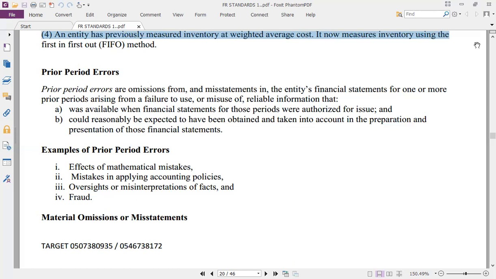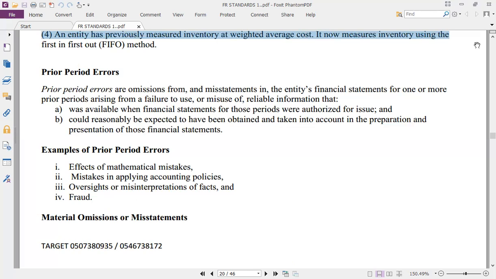That is what an error is. So prior to the financial statement, sometimes the error occurred last year will probably be discovered in 2 years' time or maybe today. So that's what we call prior period errors.